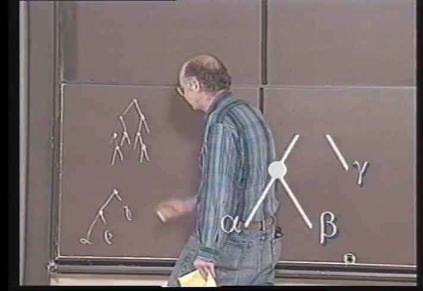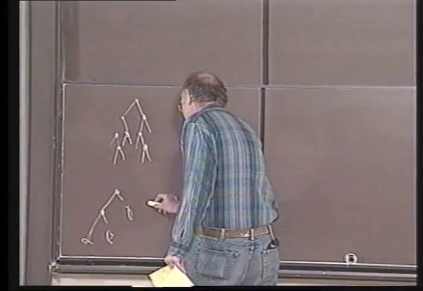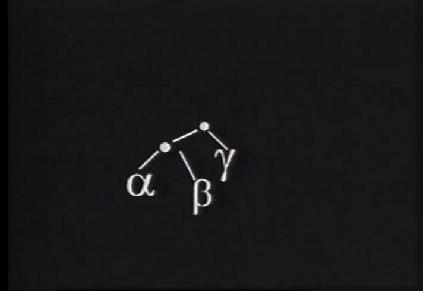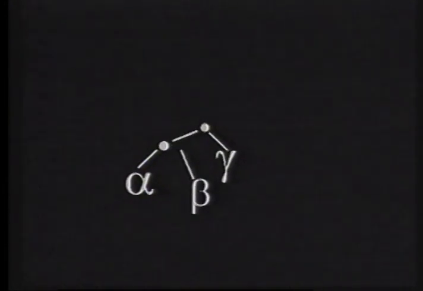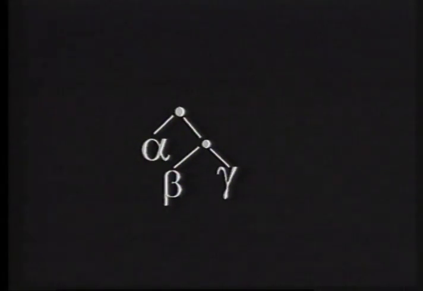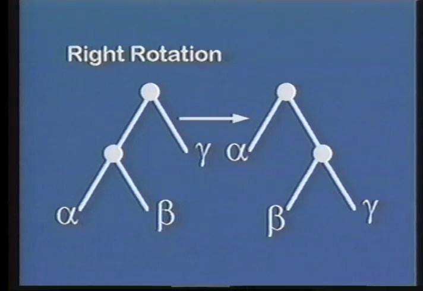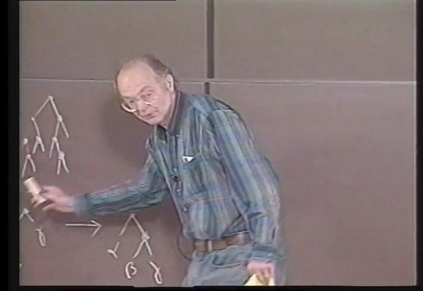They might be empty. Anyway, if we convert this into the binary tree that looks like this, with alpha here, beta and gamma here, then we call this a rotation to the right. And then if I move the arrow the other way, it's a rotation to the left.